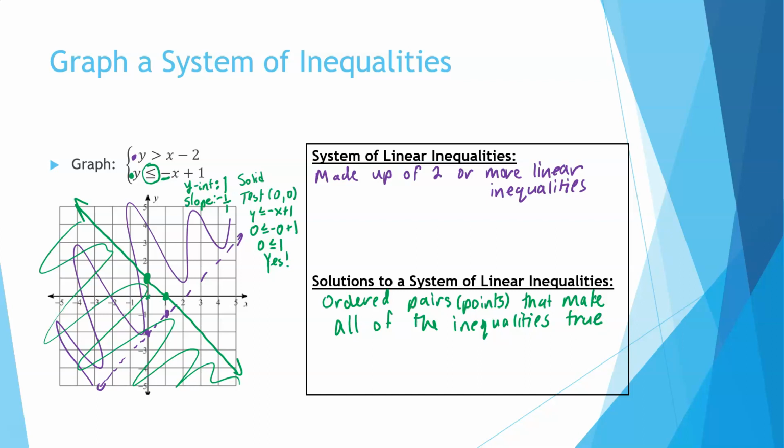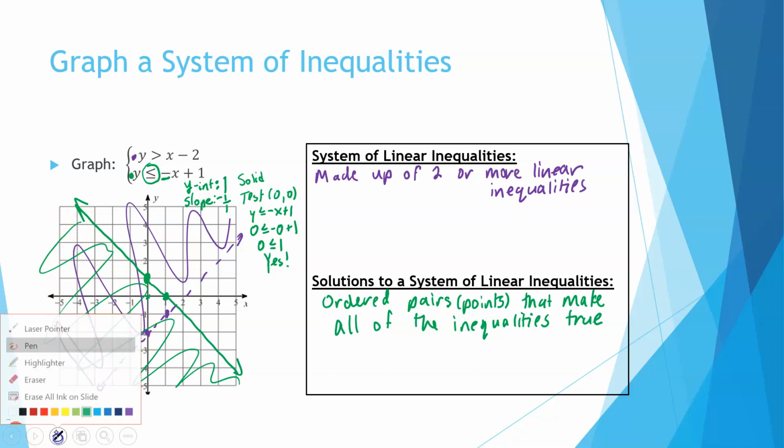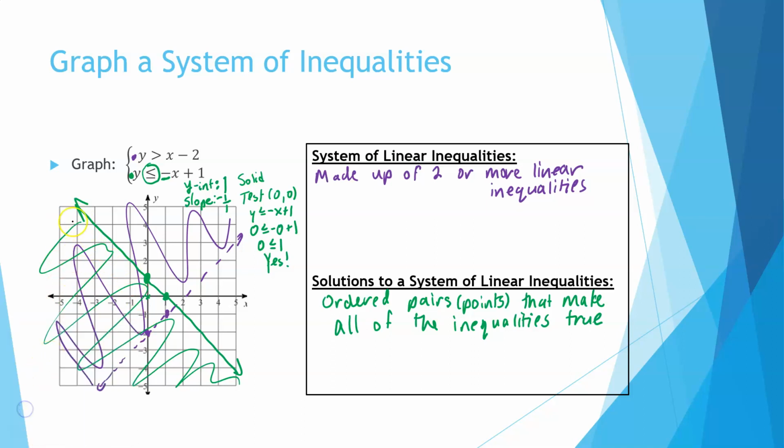Well, if I look at this graph and what I got, this very top portion only has purple in it. So it's true for the purple graph, but not the green. Over on the right-hand side, this triangle doesn't have anything, so that's nothing. Down here is just green, so that means it only works in the green. Having said that, if you look at this triangle on the left-hand side, I'm going to switch to black and color it in better. We can see that here there's purple and green.